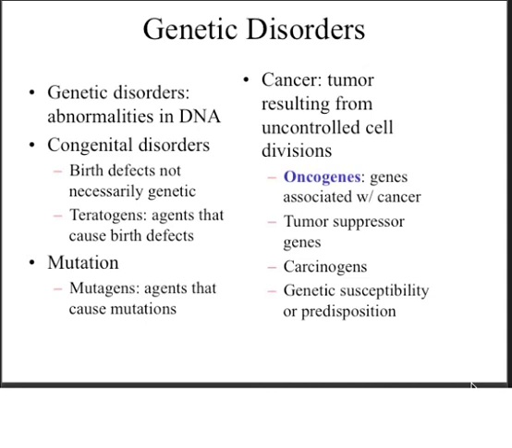Oncogenes are genes that are associated with cancer. Examples of these include genes such as SRC or MYC, which were originally discovered and characterized on viruses, but we've now found their cellular counterparts.